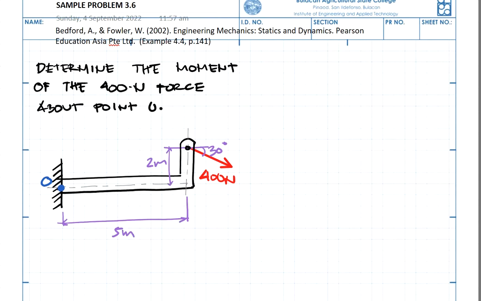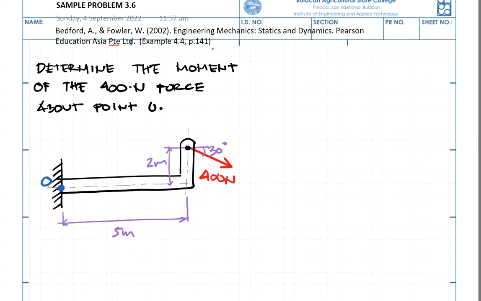Good day everyone. For this video, we're going to solve a problem regarding, of course, still the moment, but this time we will solve it using a vector notation form. Let us recall that, the same as when we do this problem in scalar notation, the principle behind computing the moment is still the same.